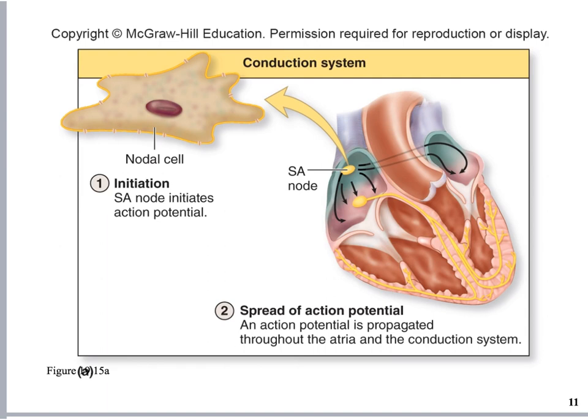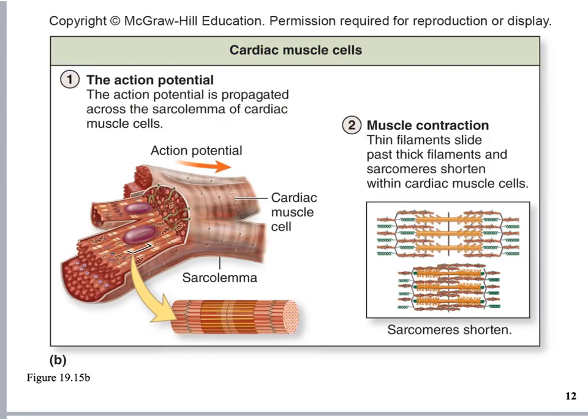What's next is going to hit what? Maybe not. It's going to hit the AV node. All right? We'll talk about the cardiac muscle cells for a second. Okay? They are muscle cells, so they have a charged membrane. They have a membrane potential. Okay? They will react to electrical stimuli.